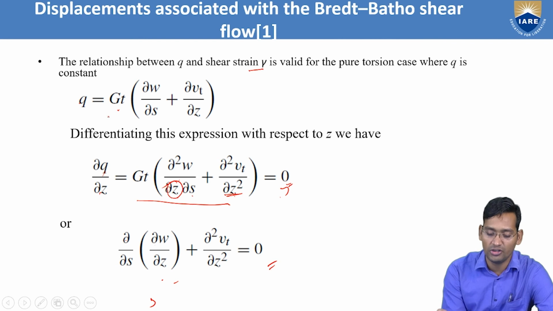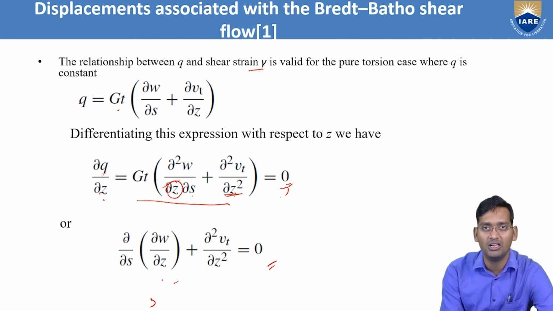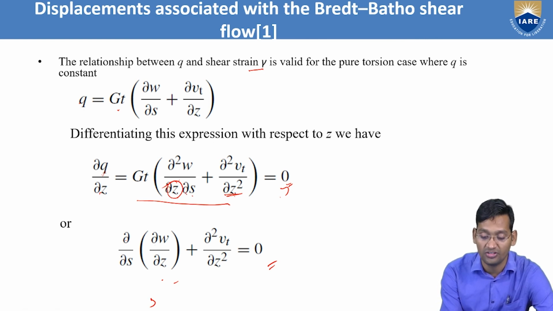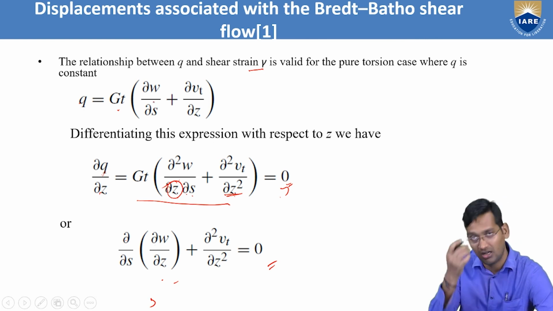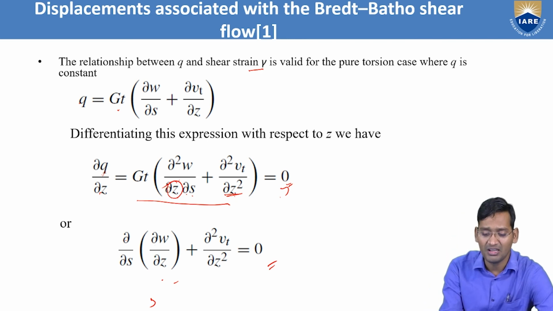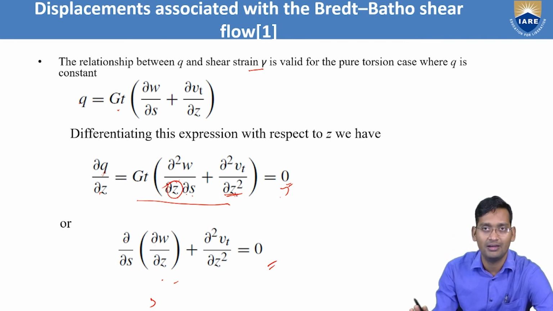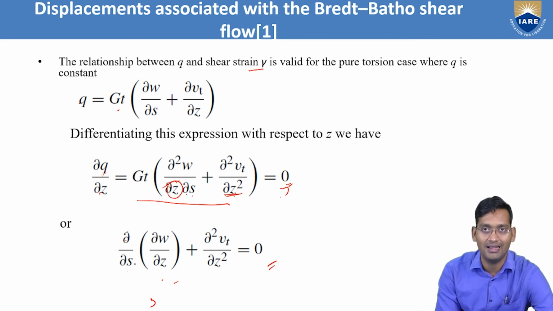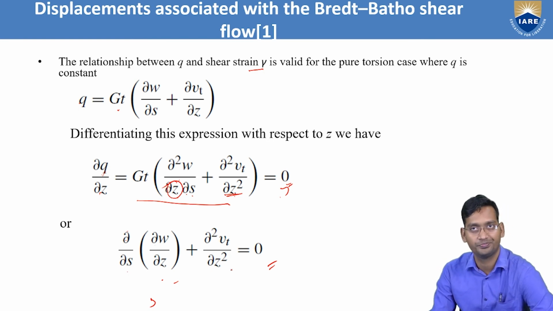So differentiate this equation. After differentiating, we got del Q by del Z, where GT is constant, so that remains constant, del W by del Z into del S, plus del 2 VT by del Z square equals 0. Now we write del by del S of del W by del Z plus del 2 VT by del Z square.